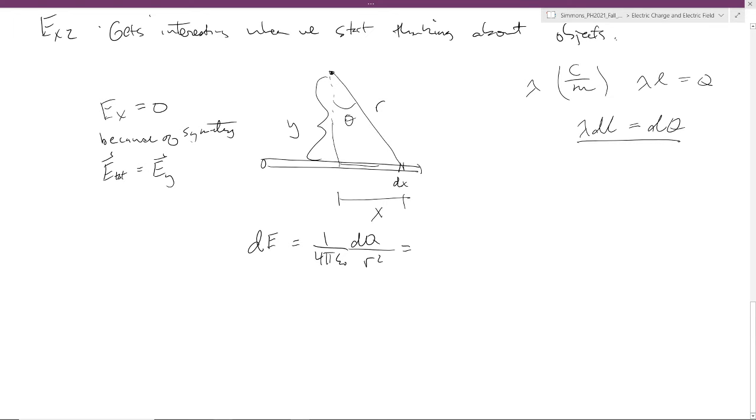So this will become 1 over 4 pi epsilon naught lambda. And actually, let's put it in terms of x, because that's what we're going to be integrating over, dx. And we can also recognize that this r squared, we could write that as x squared plus y squared. Just think about Pythagorean theorem there.